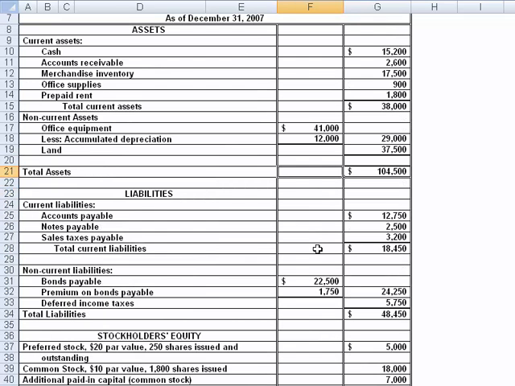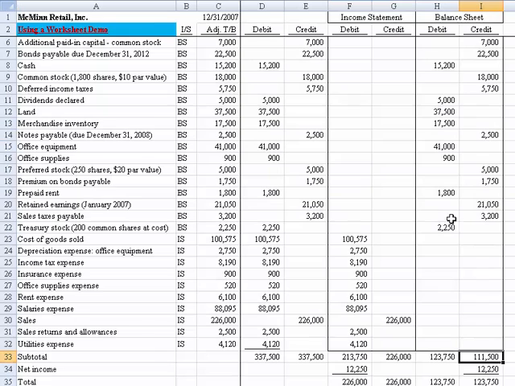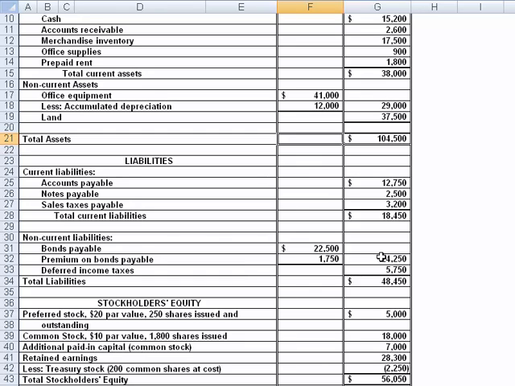Okay, and then we drop in the current liabilities as well. We need to figure out which one of those belong in the current liabilities area. We have all the amounts right from here. We just need to know which ones are current and which ones are long-term. And then we drop in the long-term liabilities or non-current liabilities.